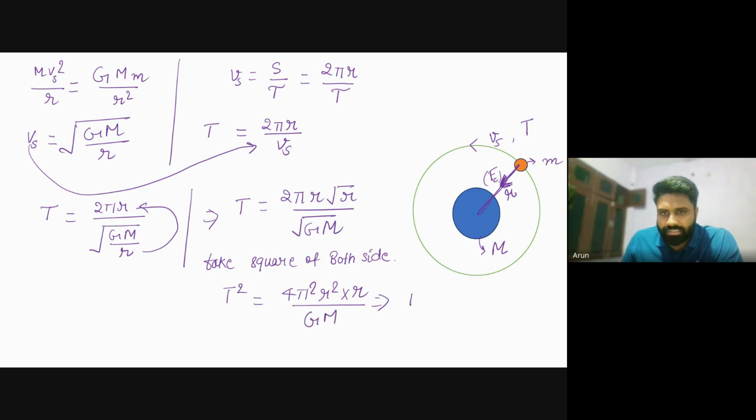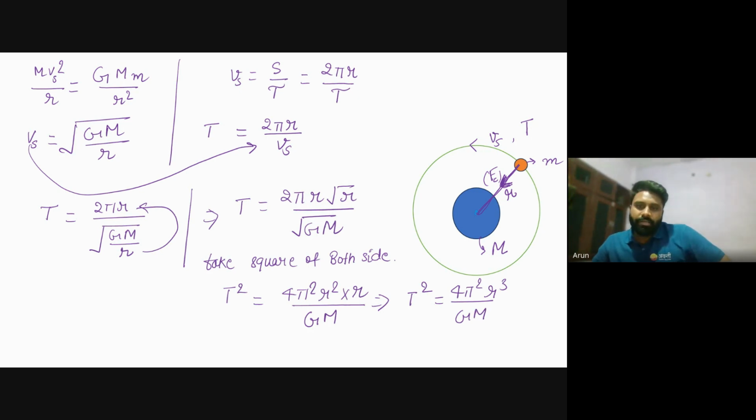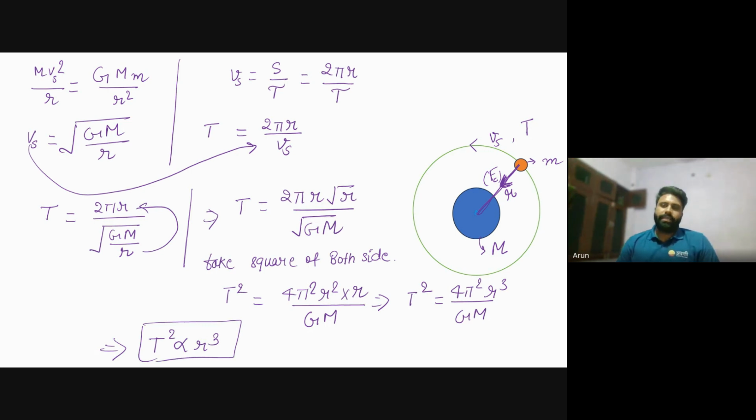Now, from this expression, you can say that T square is equal to 4 pi square r cube divided by GM. In this expression, this whole term, 4 pi, capital G and capital M, are constants. So from that you can conclude that T square is directly proportional to r cube, which is the distance from the center of the planet.